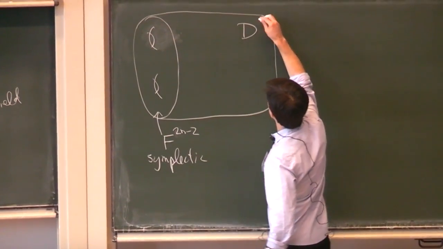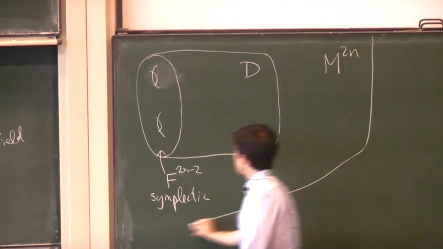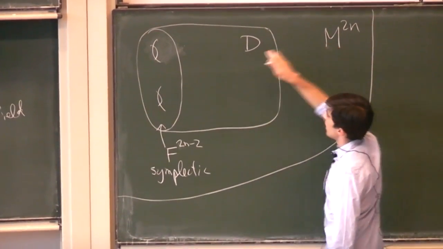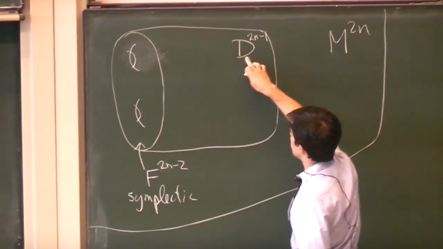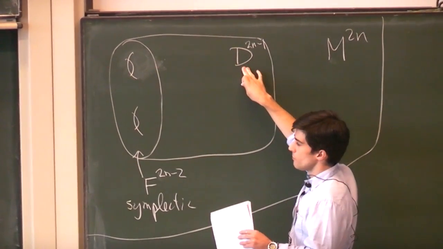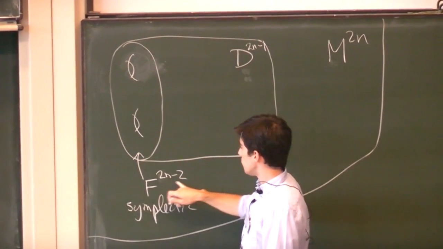So, remember, M has dimension 2n. This is a picture of M. Inside M, you have a hypersurface, D. D has dimension 2n minus 1. But D is a Poisson hypersurface, so it is a union of symplectic leaves. And the dimension of those is exactly 2n minus 2.